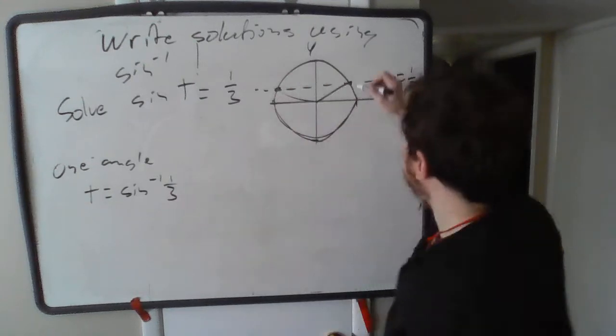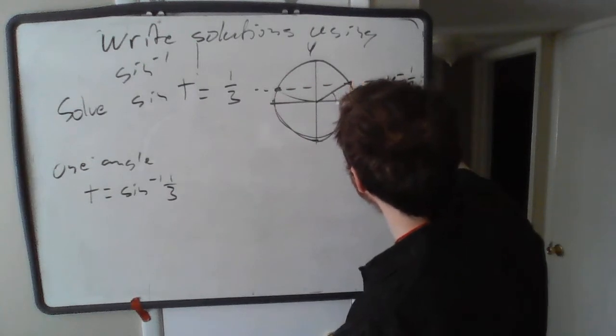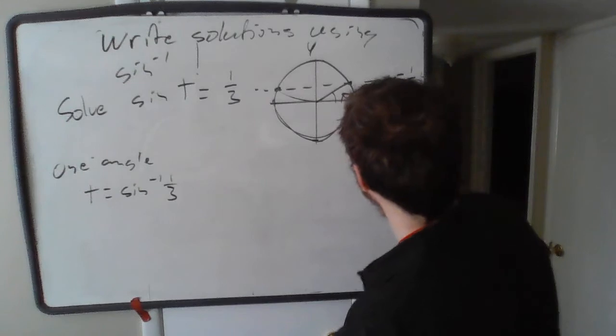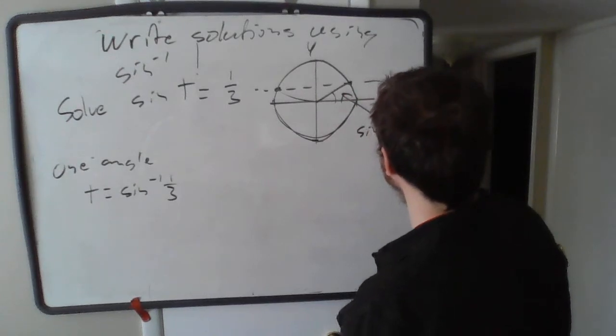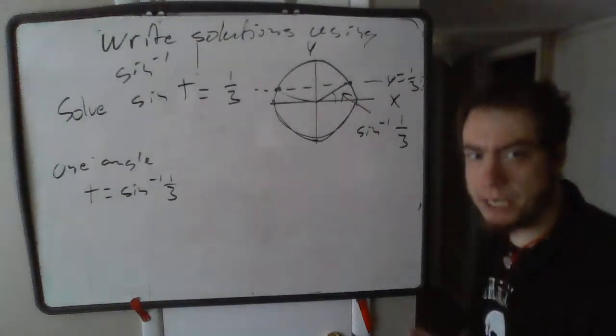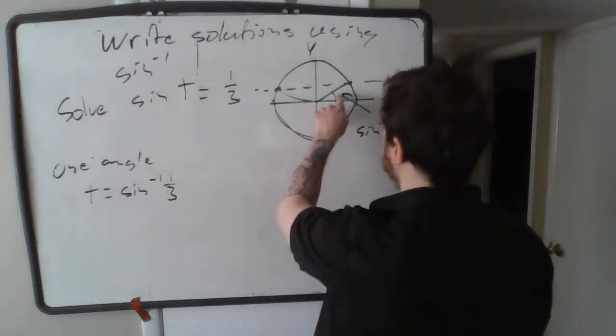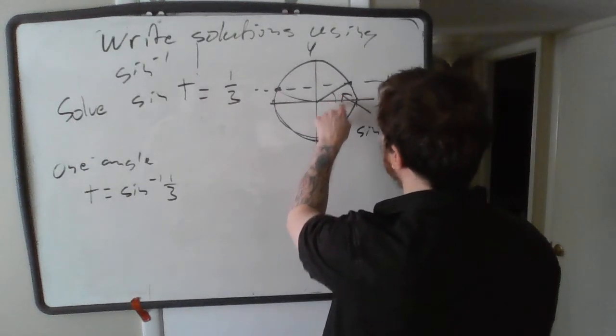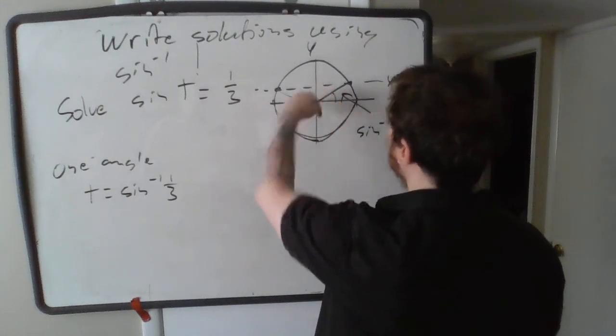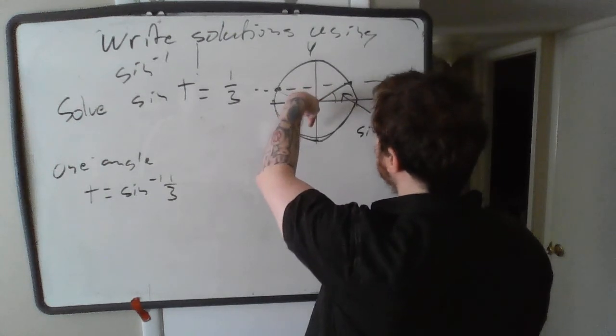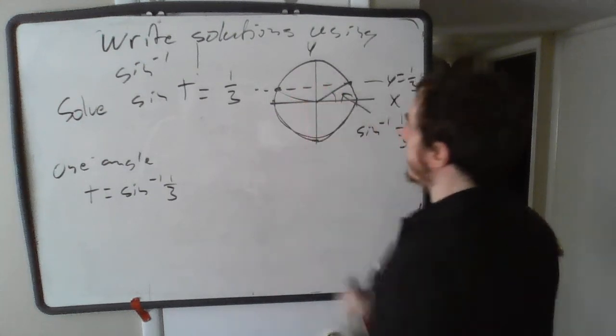Now, that is going to be this angle here. That angle is sine inverse of 1/3. Here's the thing about sine inverse. Sine inverse is always going to be somewhere between minus pi over 2 and positive pi over 2.